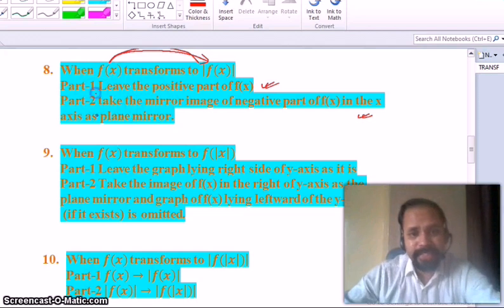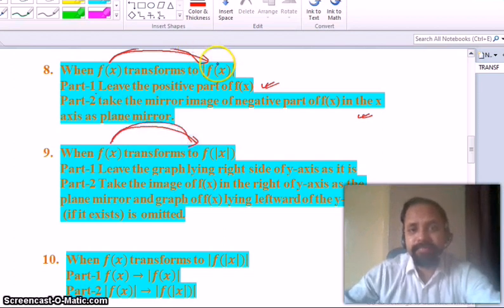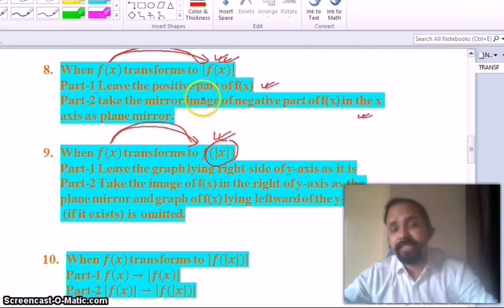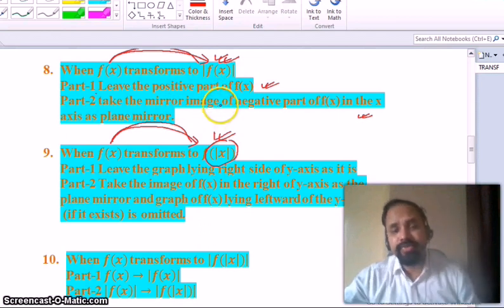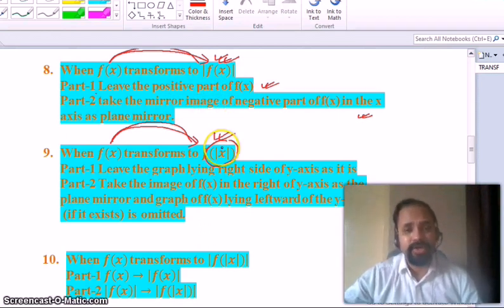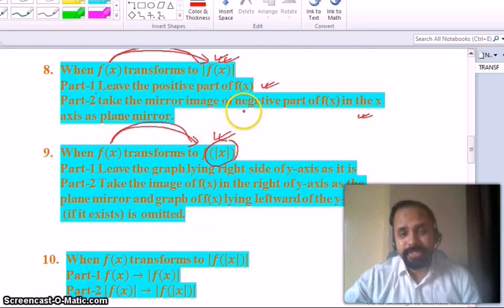Come on, second part. If f x transforms to f of mod x, here we had mod of the total function of x, and here we have mod in the x only. In the previous case, we considered the positive part and took the image of the negative part with respect to the x axis.